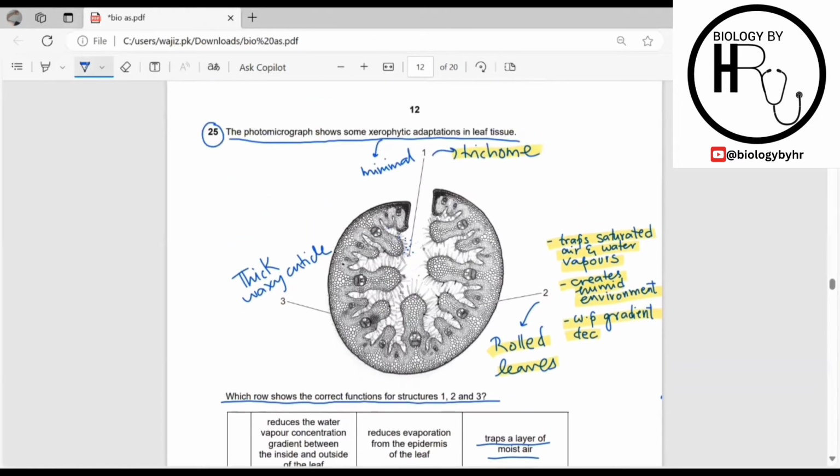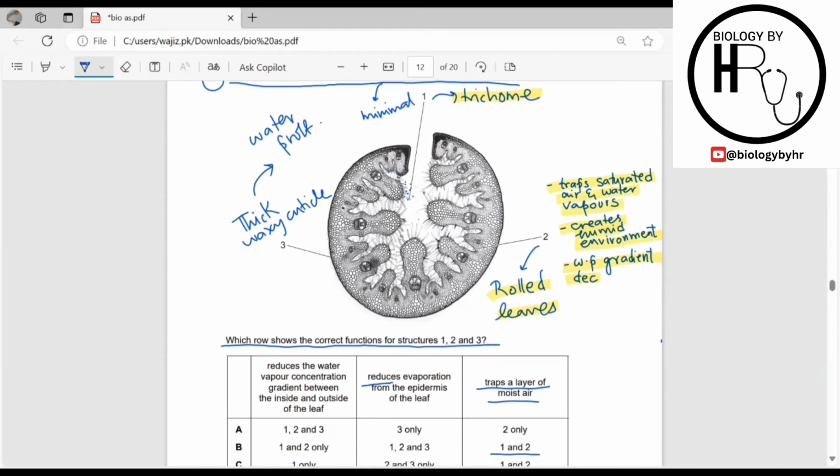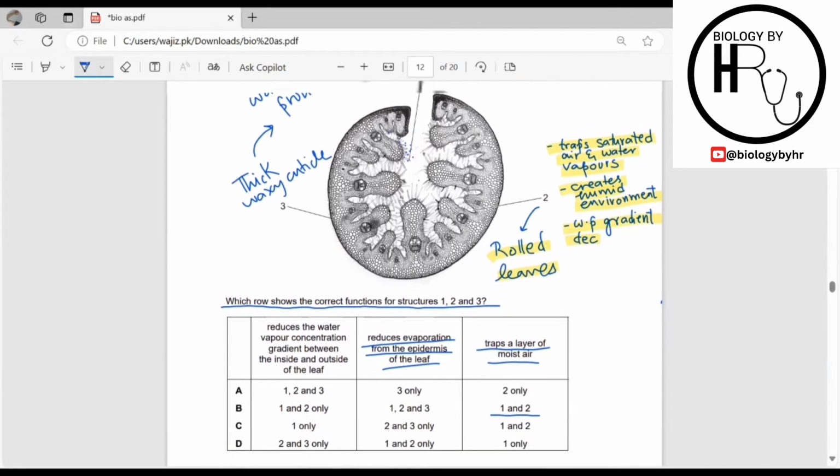Now if we talk about the function of the thick waxy cuticle, it prevents excessive water loss. Why? Because it is waterproof, right? And as it is waterproof, it prevents excessive water loss, so it reduces the evaporation from the epidermis of the leaf. We know that all three structures play a role in reducing evaporation from the epidermis of the leaf.